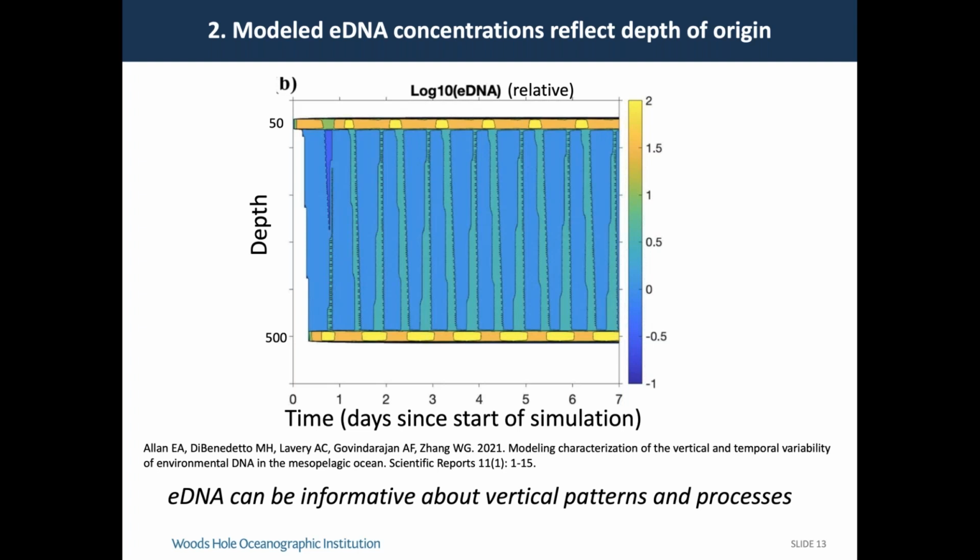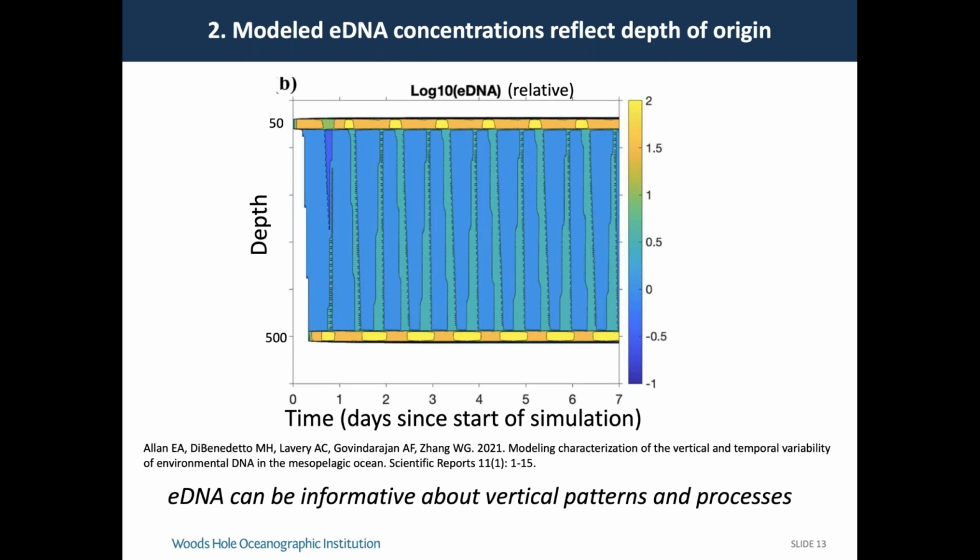And so how does eDNA move through the environment, and how is that reflected when we detect it? This work was done by a postdoc in my lab, Eileen Allen. She did a modeling study, also with our co-authors, and she specifically looked at the role of vertical migration in the vertical distribution of eDNA.